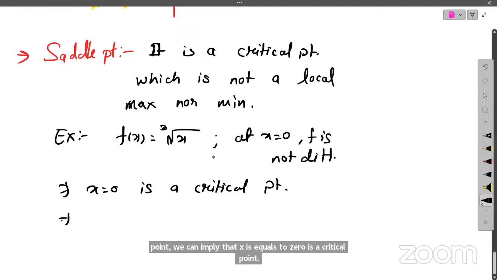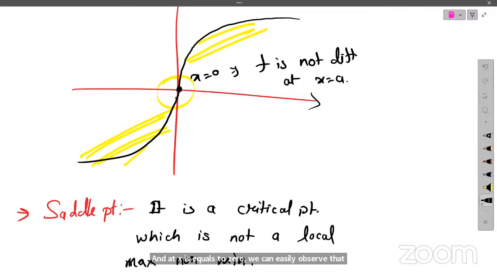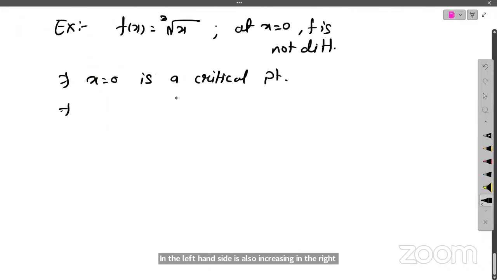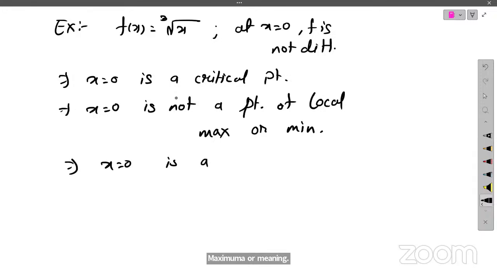And at x equals 0, we can easily observe that it's not a point of maxima nor minima, because the function is increasing on the left-hand side and also increasing on the right-hand side. So x equals 0 is not a point of local maxima or minima. So we can say that x equals 0 is a saddle point.